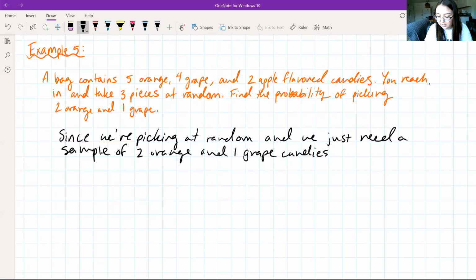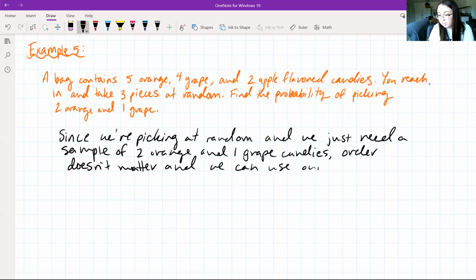Well, candies, since it's 3. We can say that order doesn't matter, and we can use our combination formula.